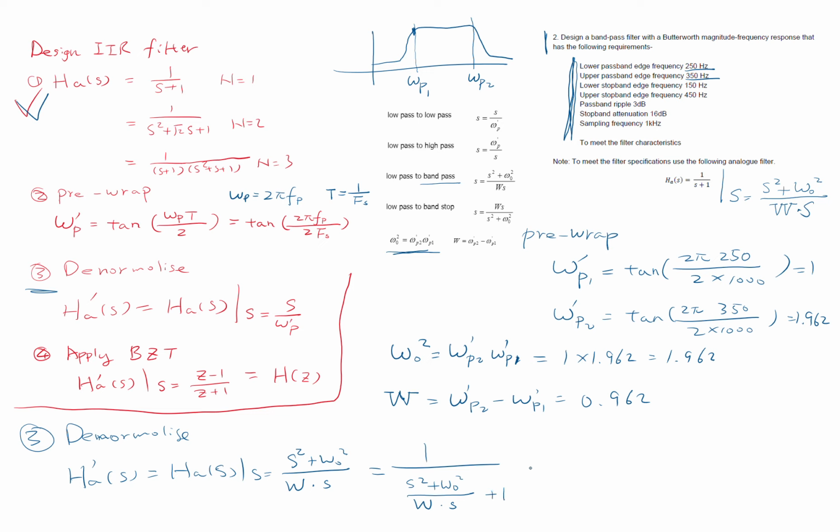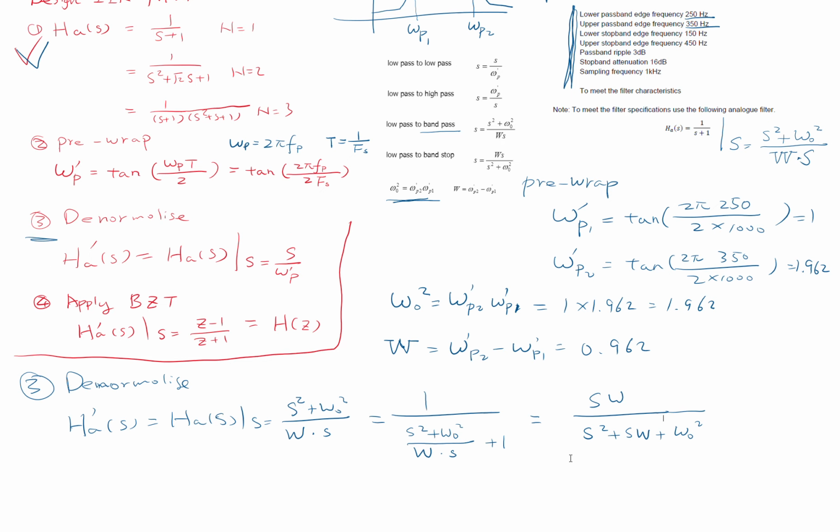If we clear the term, we have S W over S squared plus S W plus omega naught squared.